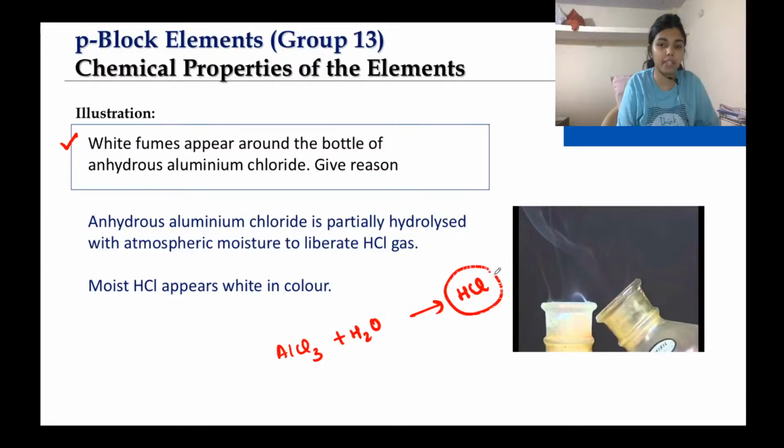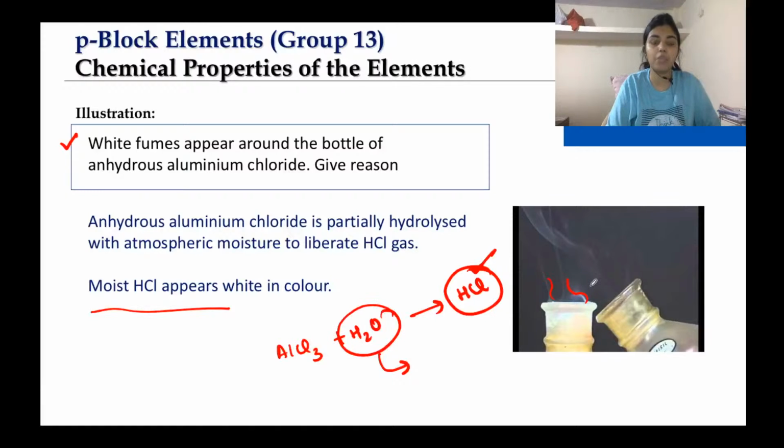These fumes are due to the HCl gas, and this water is basically the moisture from the atmosphere, right? So this moist HCl appears white in color. That is why we have white fumes around the bottle of anhydrous aluminium chloride.